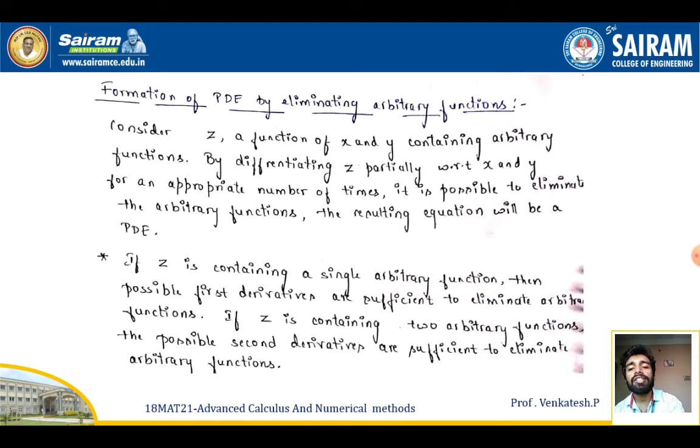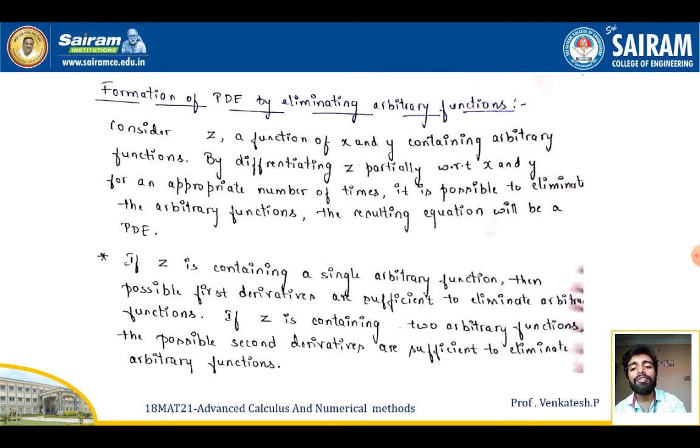Suppose z contains a single arbitrary function, then the first derivatives are sufficient to eliminate the arbitrary function. So if z contains only a single arbitrary function, it means differentiating the z equation only one time will be enough.